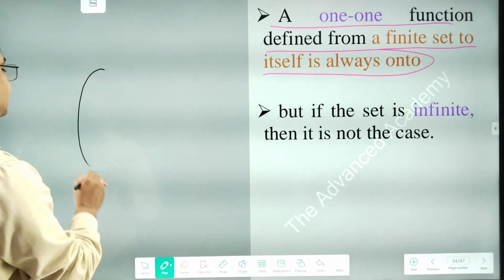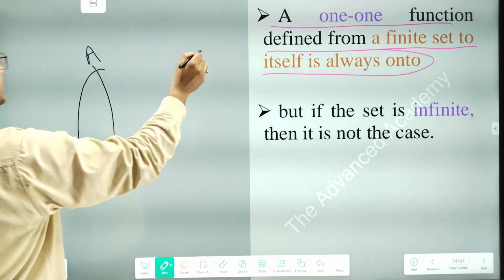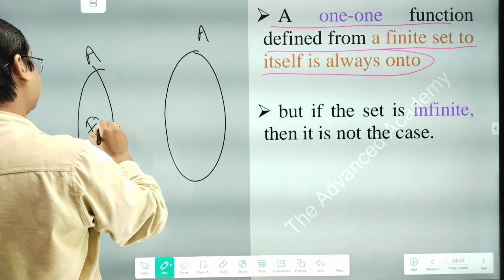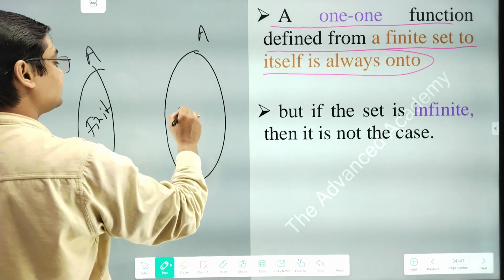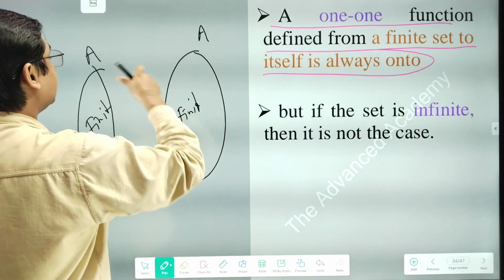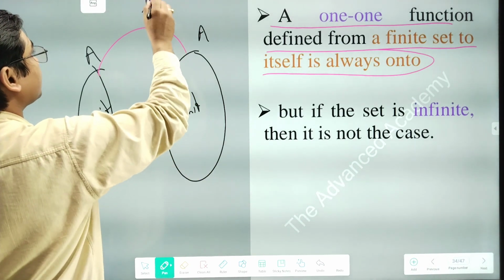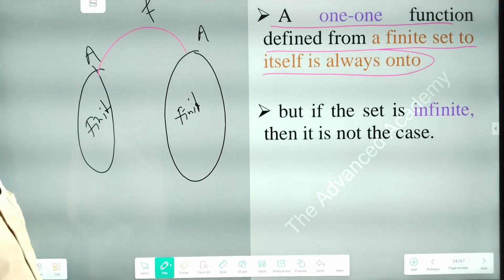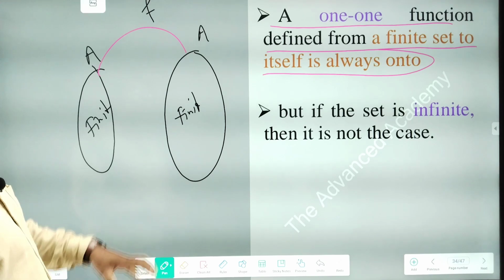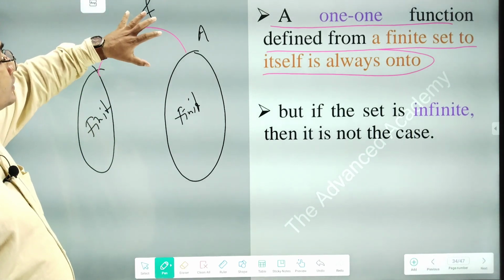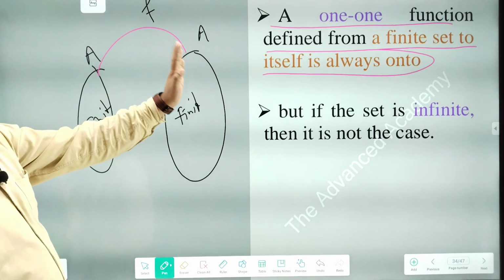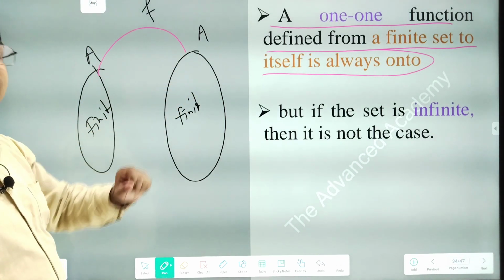Suppose we consider A is a set which is finite, and suppose f is a one-one function, then we can easily verify that this function will be onto also. That means we can say if a one-one function is from a finite set to a finite set, then the function will be bijective.